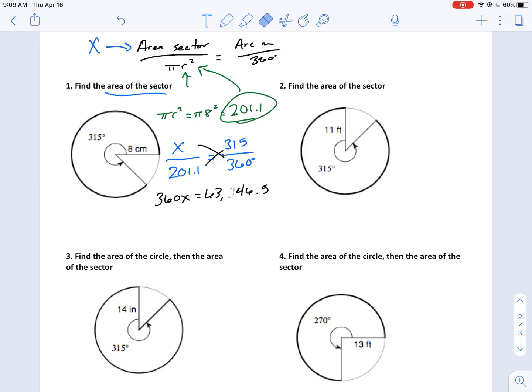360x equals 201.1 times 315 gets me 63,346.5. And our very last step is to divide by 360.